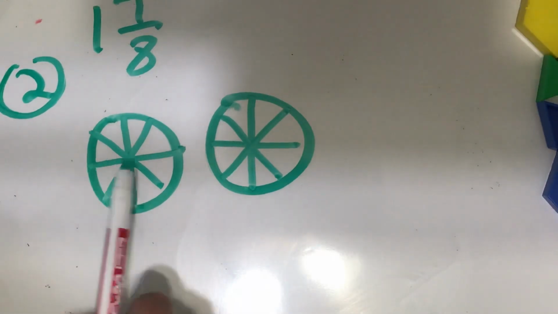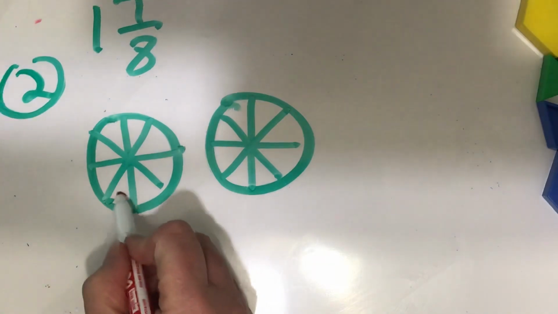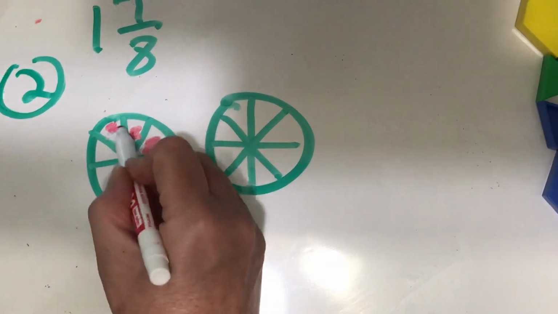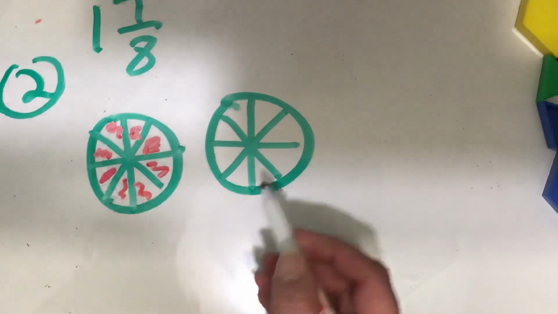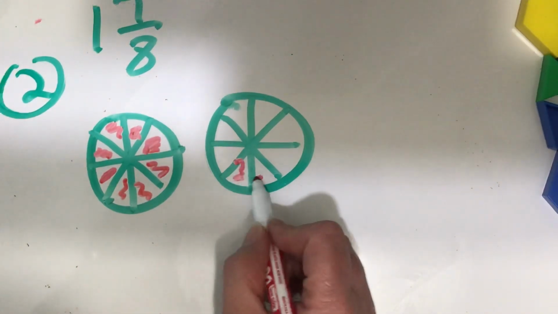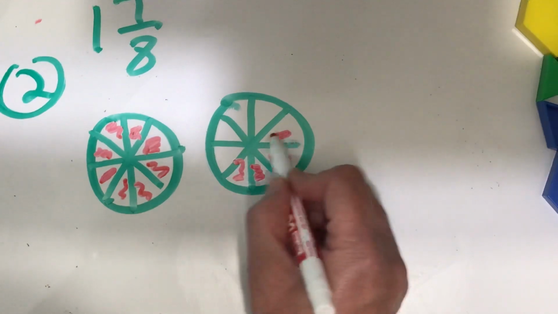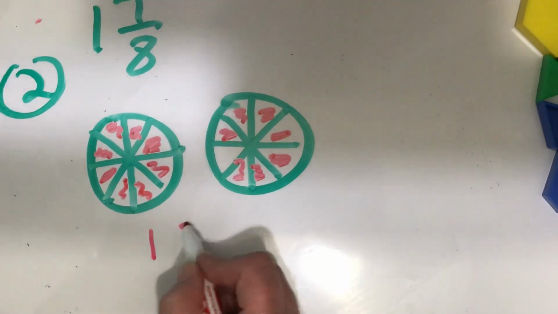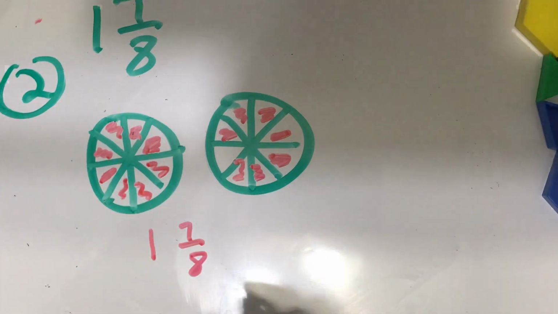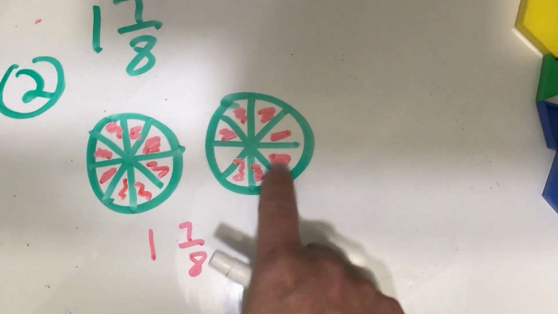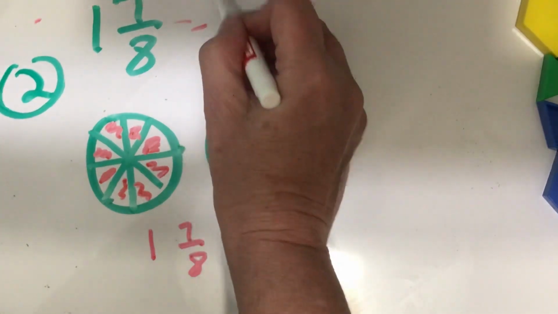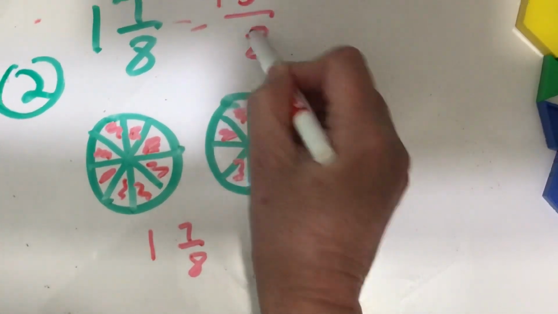All right, this one is whole, so all 8 sections need to be filled in. So there's 1, and then 7/8. So 1/8, 2/8, 3/8, 4/8, 5/8, 6/8, 7/8. So 1 7/8. Now I need to count my eighths. There's 8, 9, 10, 11, 12, 13, 14, 15. So 1 7/8 equals 15 eighths.